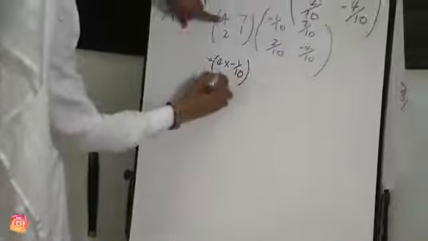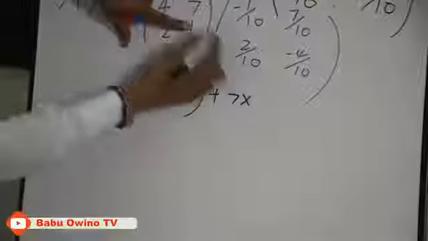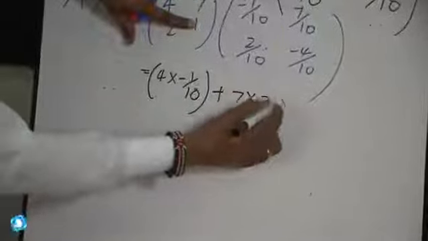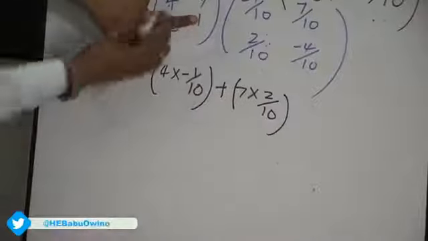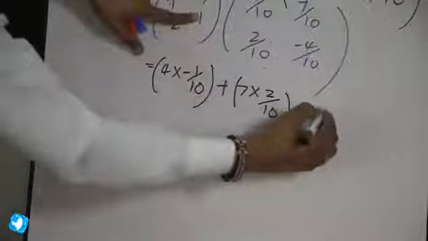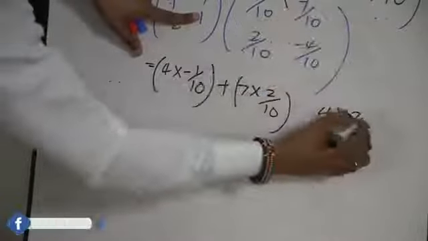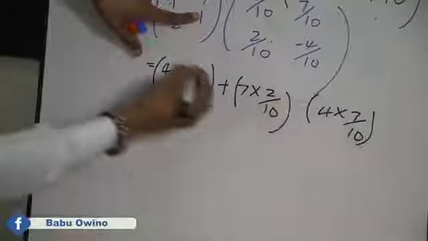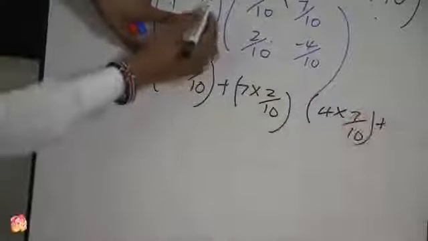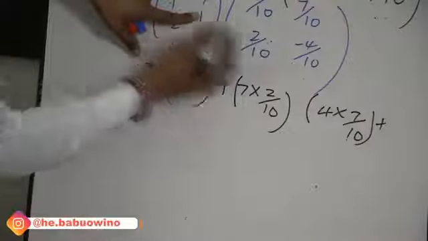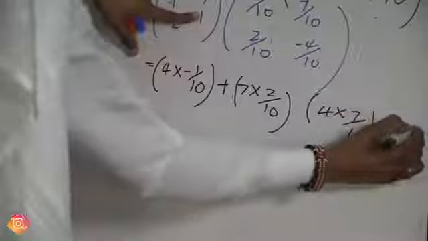So when you come here, we get 4 times minus 1 over 10 plus 7 times 2 over 10. Again, 4 times 7 over 10 plus 7 times minus 4 over 10.